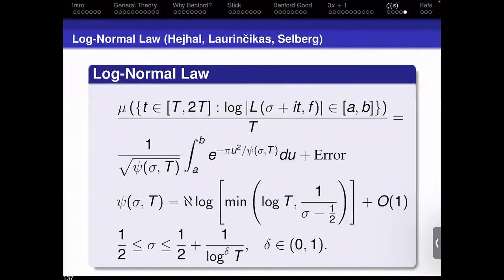And so the key ingredient is the log normal law, which basically says if we look at the log of the absolute value of the L function on the critical line, then the main term is converging to a Gaussian, and we understand what the size is of the variance, and it is growing.